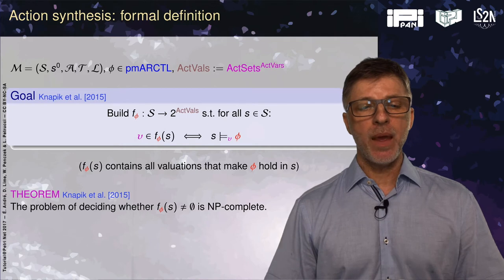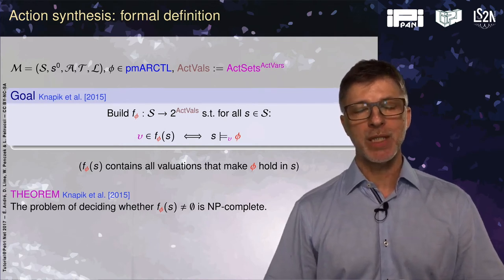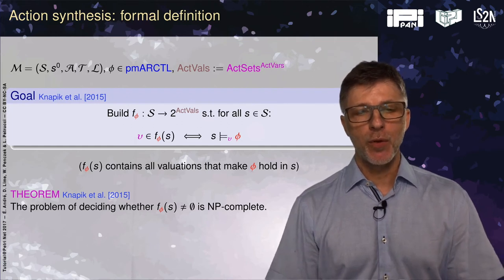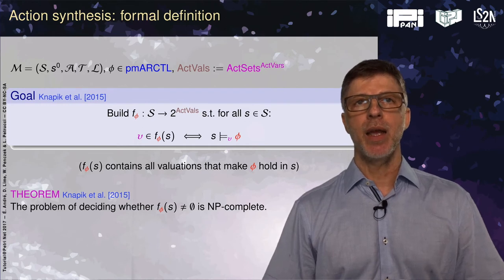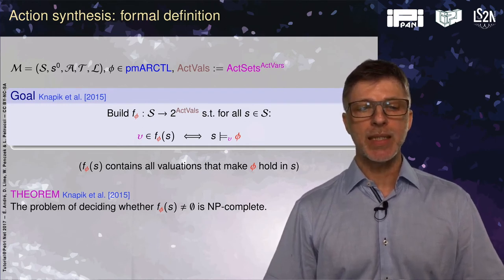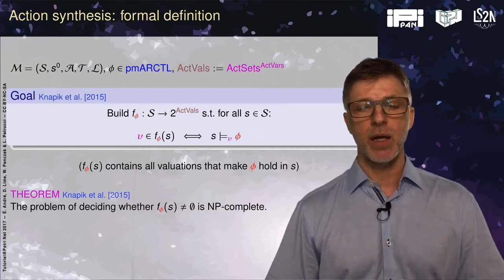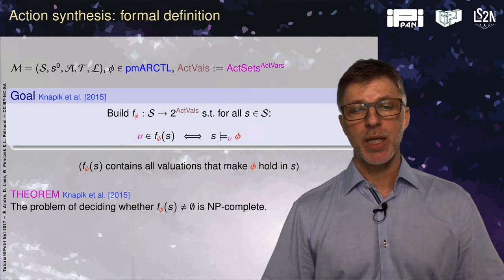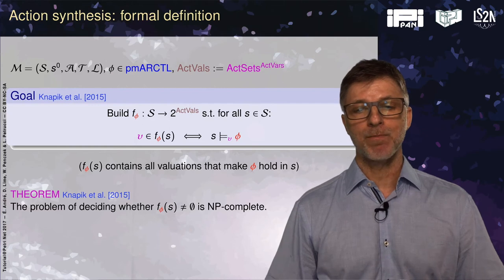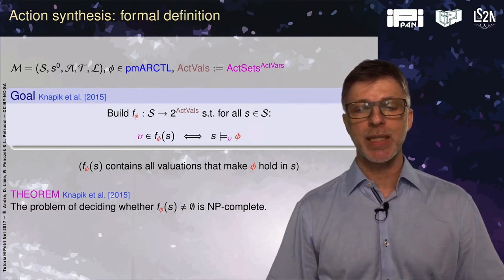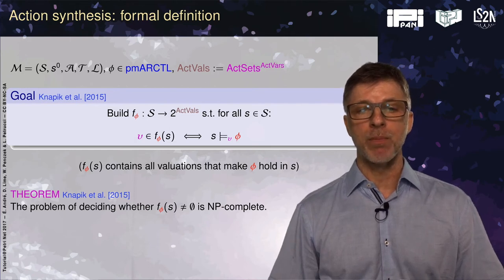With the next theorem, I would like to tell you that we have about this logic two interesting results. The first one is a good one because it says that the problem of deciding the non-emptiness of this function is decidable. The other result is less optimistic because it says that this problem is NP-complete.